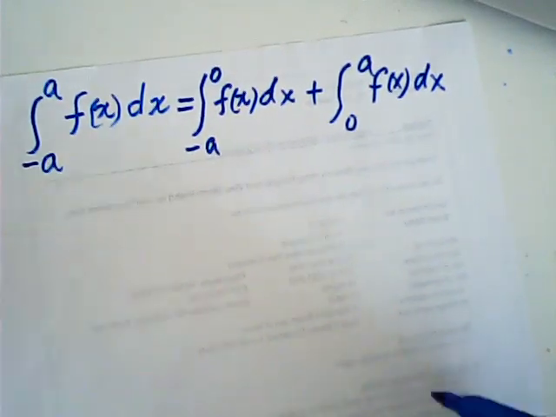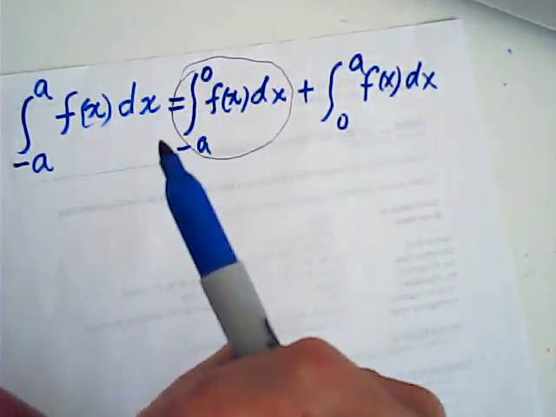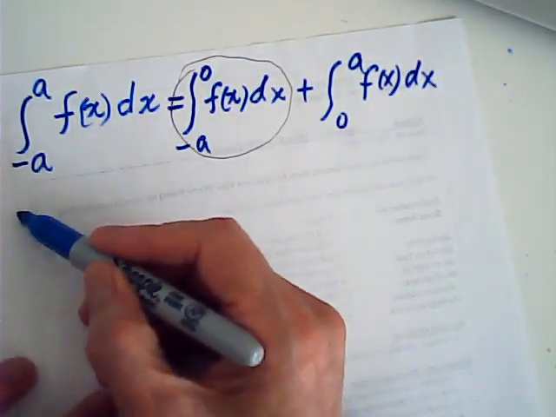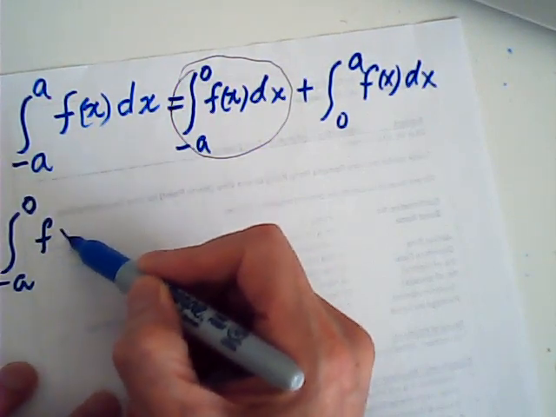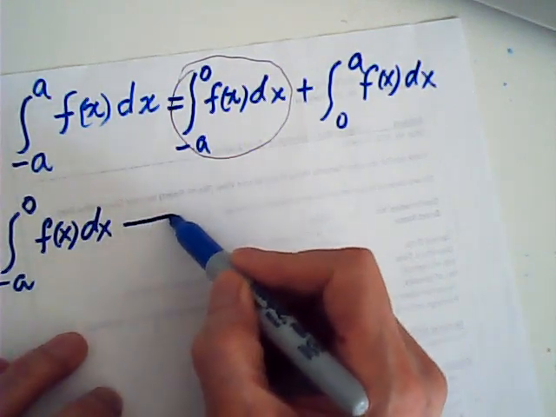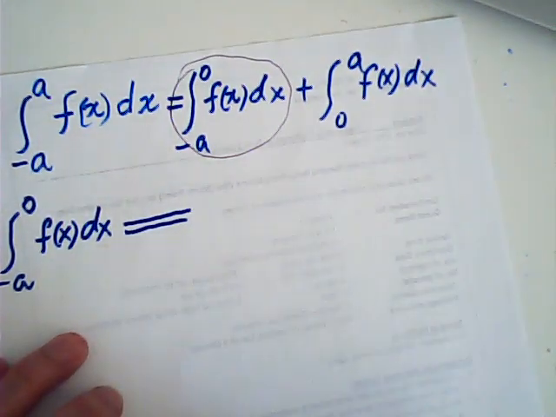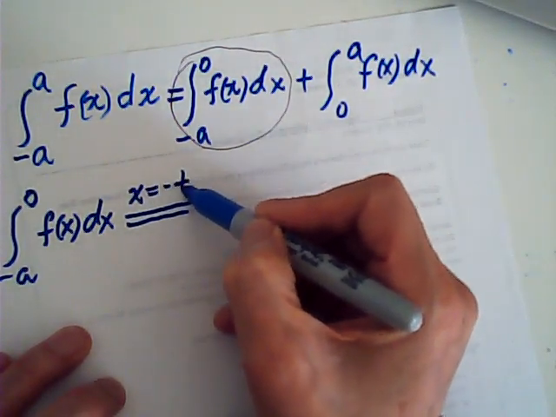Okay. Then I discuss this one. This one is from minus a to 0 of f of x dx. I let x be, say, negative t.